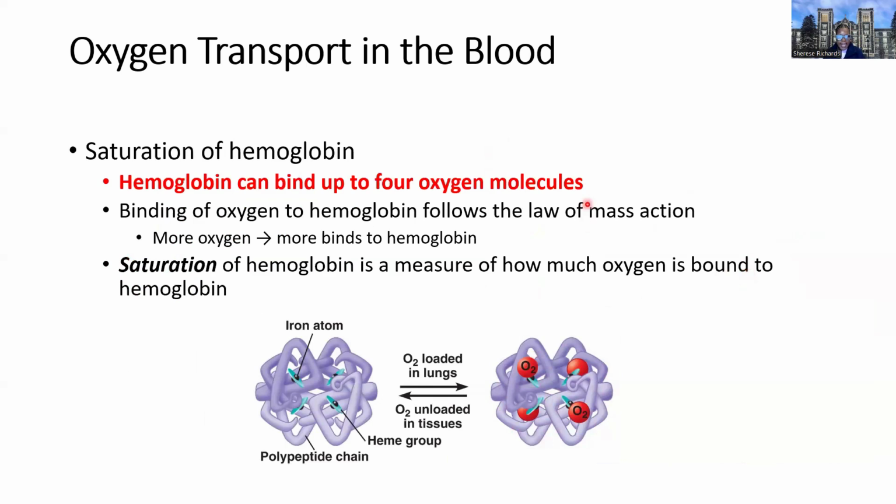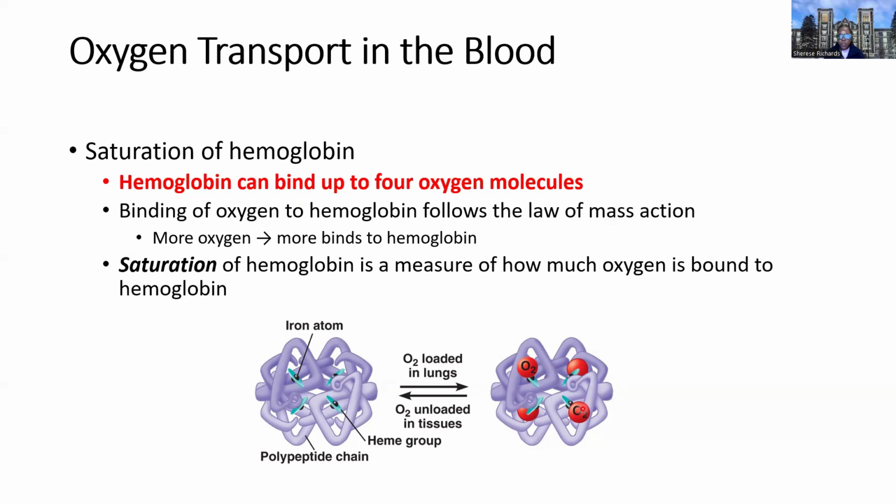Now, in terms of the state of hemoglobin, we can think about it as being fully saturated when it's carrying four oxygen molecules bound onto those heme binding sites. So it is fully saturated when it has all four sites bound. Now, in terms of the law of mass action, we've described this in other areas in terms of driving our equation to the right or to the left, depending on the amount of oxygen available.